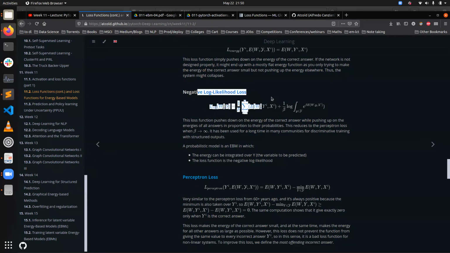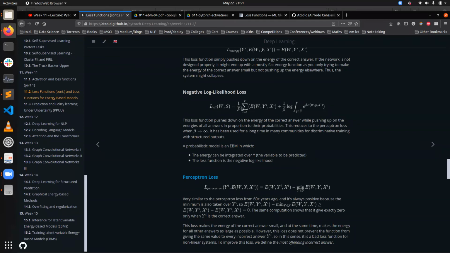So next you move to negative log likelihood loss. This one pushes down on the energy of the correct answer, and it also does the other thing, which is push up on the energies of all the other answers in proportion to their probabilities. It has been used for a long time in communities for discriminative training with structured outputs.